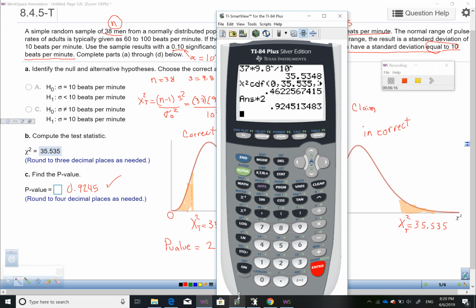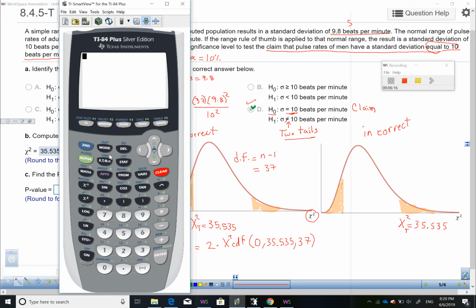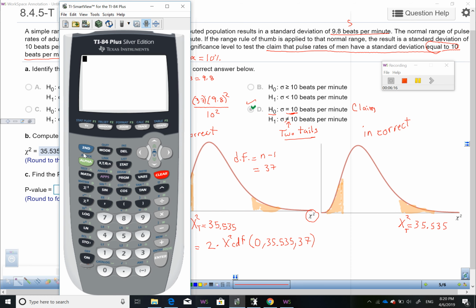What is going to happen here is when I try to find this p-value, press second vars, number 8, that is chi-square CDF. Make sure it says right here CDF. The lower limit will be this value, 35.535.